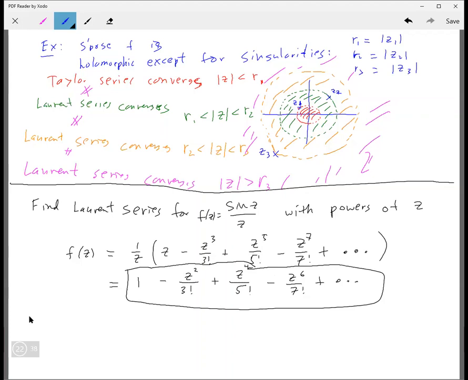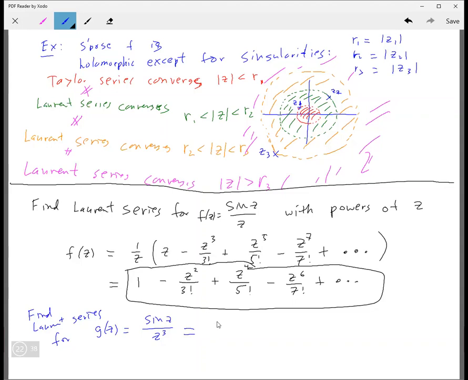And then if I wanted the Laurent series for g of z, which will be sine z over z cubed, then instead of dividing by z, I just divide by z cubed.